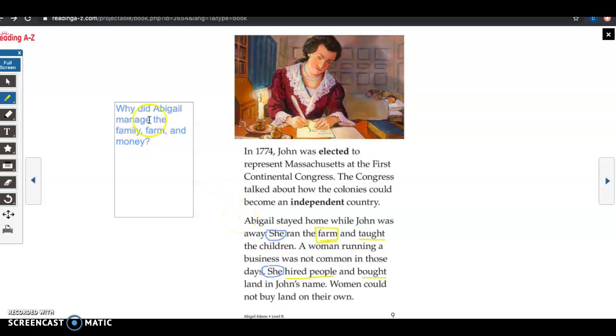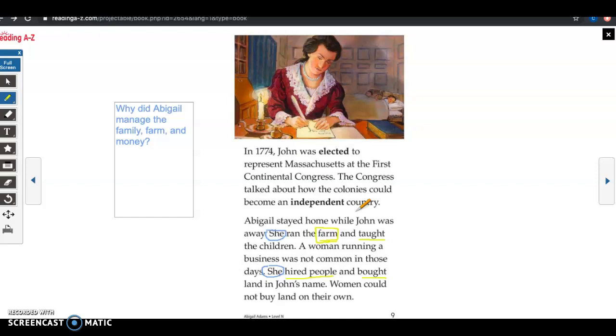So why did Abigail manage the family farm and money? So I just discussed with you the things that she did. So now we need to look in here and find out why she did it. So we know she was educated and that she was married to John.